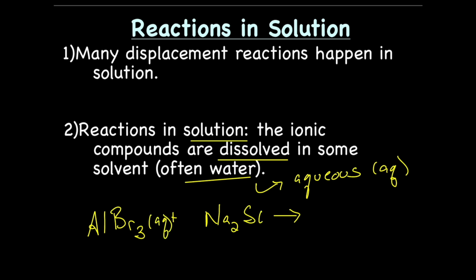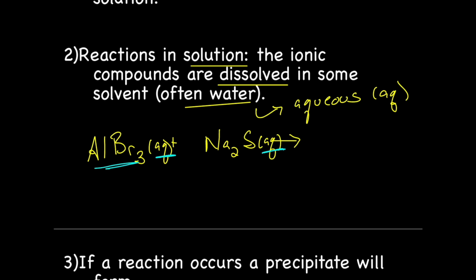It turns out that these ionic compounds are in the aqueous state during this reaction, meaning that they're dissolved in water. So even though we're still writing them as AlBr3, they are really separated into their cation and anion components. They're just floating around separately in this water solution. That's what we mean by aqueous.